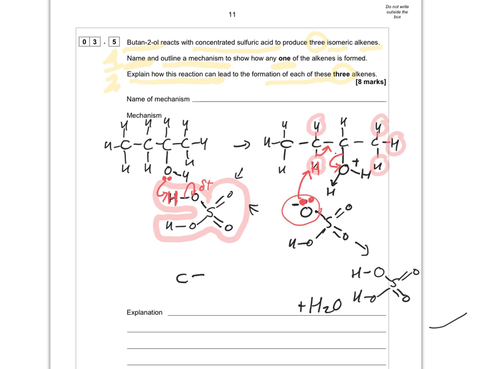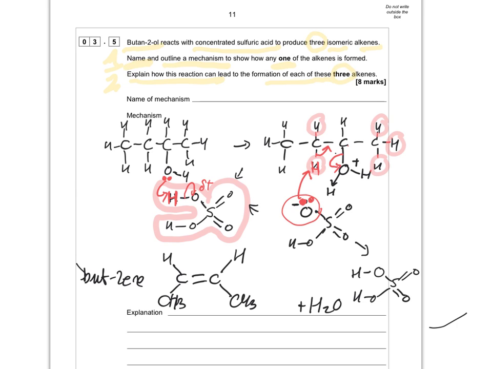Now I'm going to draw the skeletal formula notation. So there's a hydrogen, CH3, CH3, H. So I have formed butene.